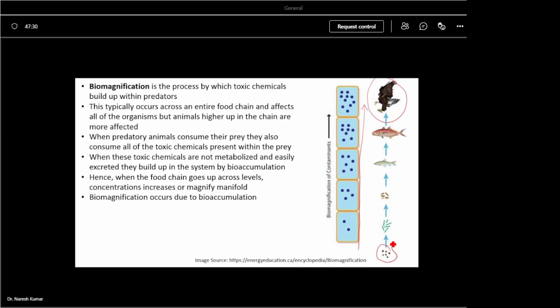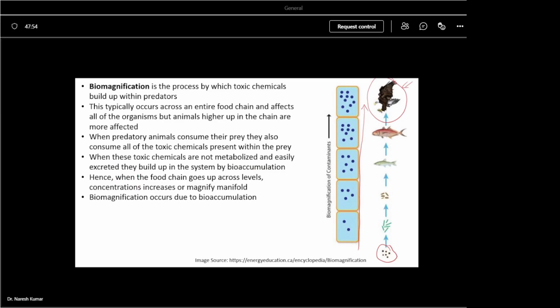Because, as I told you, go back to that concept of food chain and food web. To sustain this one eagle, we require a very high amount of energy at the base. So as these toxic chemicals move up, they are not metabolized and easily excreted. That's the reason they build up in the system.